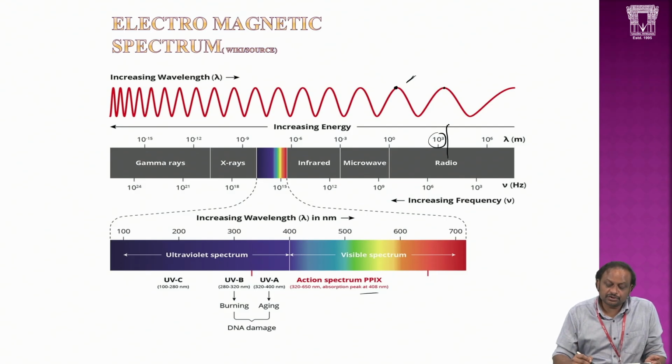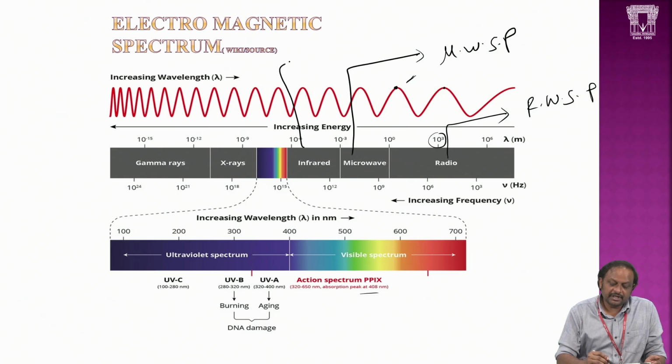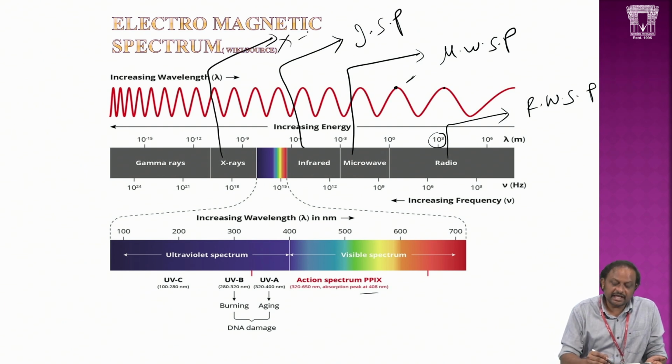For example, if you are using a radio source, that would be a radio wave spectrophotometer, and similarly if you are using microwaves, a microwave spectrophotometer. Similarly, if you are using infrared as a source in the spectrophotometer, that would be an infrared spectrophotometer. Similarly, if you take X-rays, this would be the X-ray spectrophotometer.